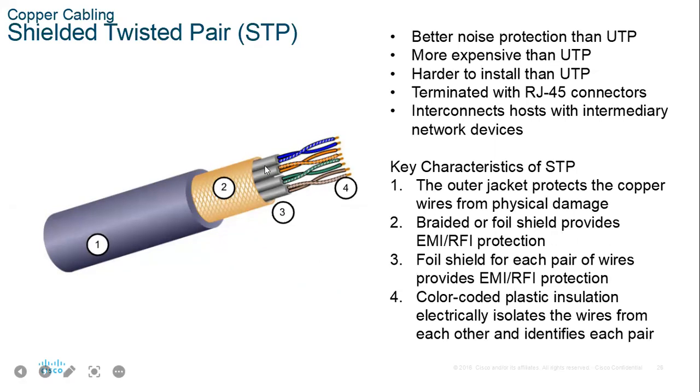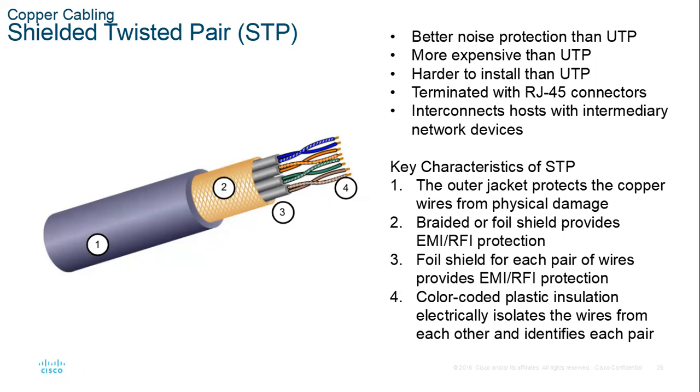If you cut this part open, you have to allow this to give way and hold them. They're much stronger, so they have better noise protection than unshielded twisted pair. They're more expensive, like I said. They are harder to install because they are very, very hard.